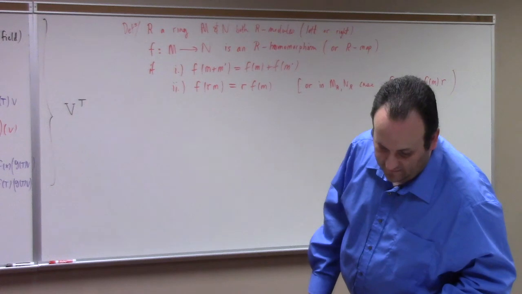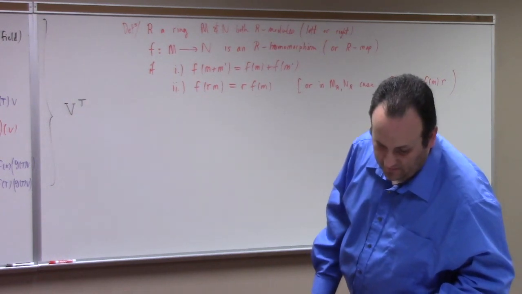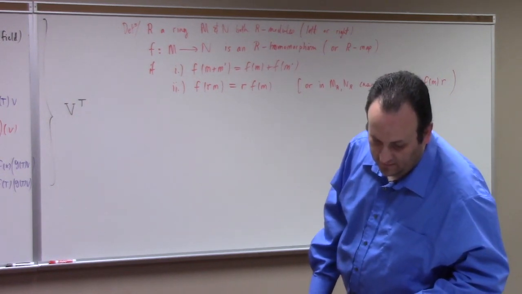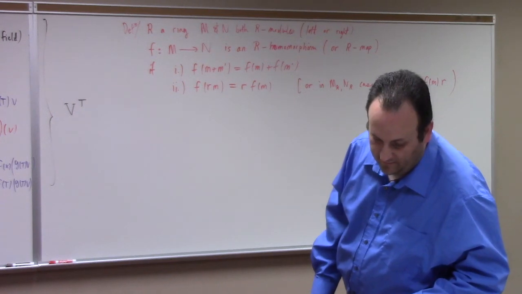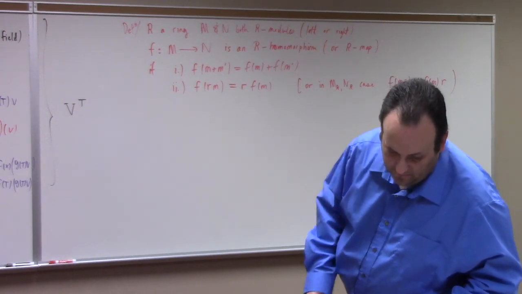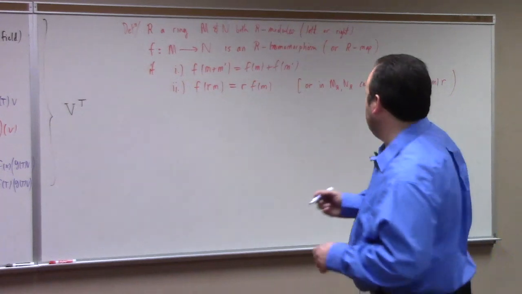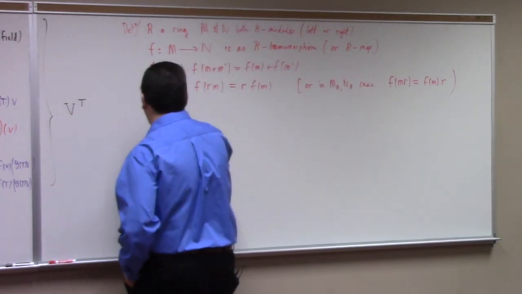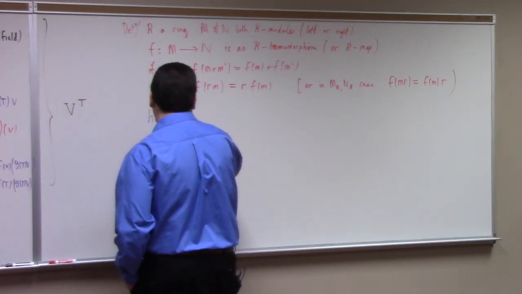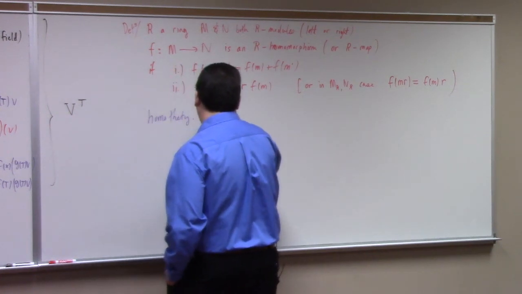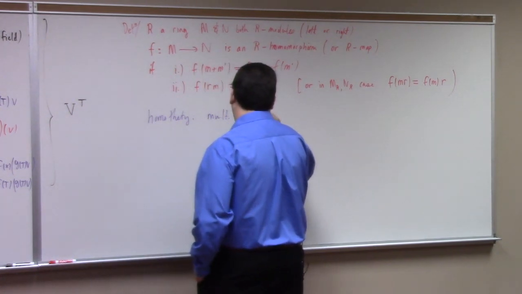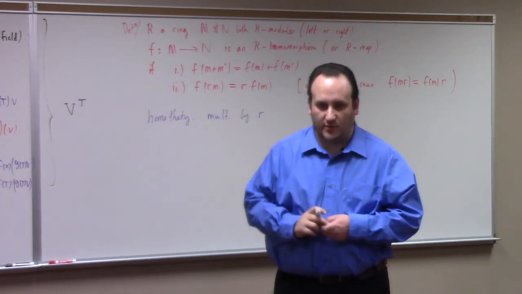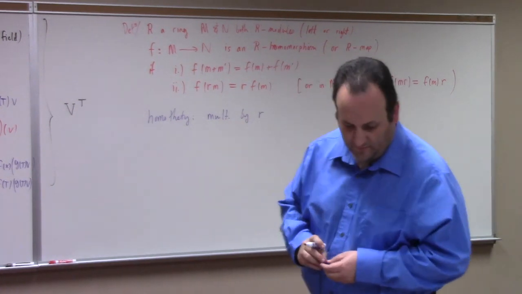Then his example 3: if you have a left R module, you can look at multiplication by R, also known as homothetty. Homothetty, multiplication by R. I've given you homework exercises studying this more than once.